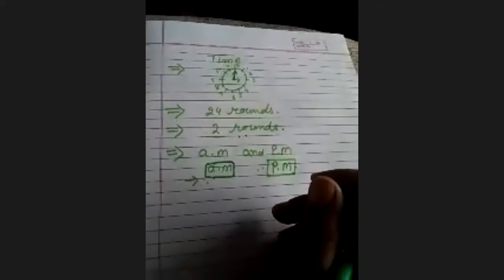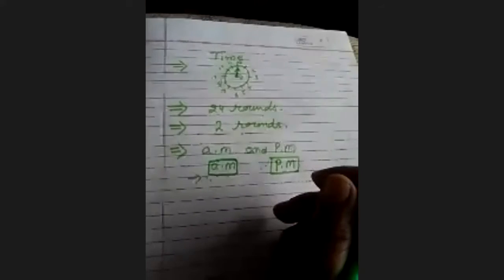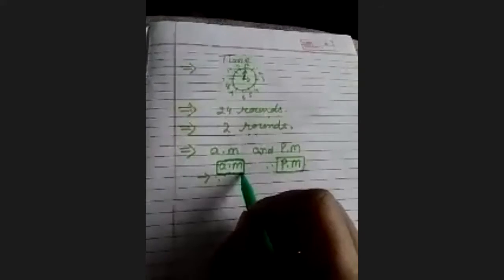In other words, you can say our day begins at 12 midnight and ends at 12 midnight of the following day. The time between 12 midnight and 12 noon is denoted by AM.